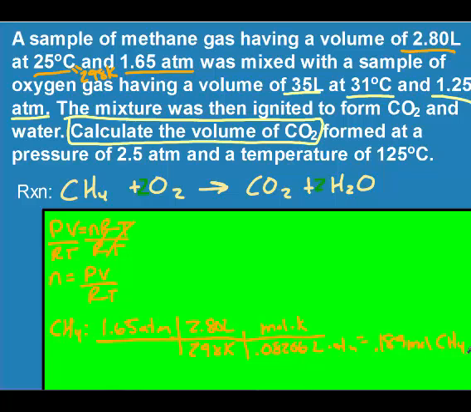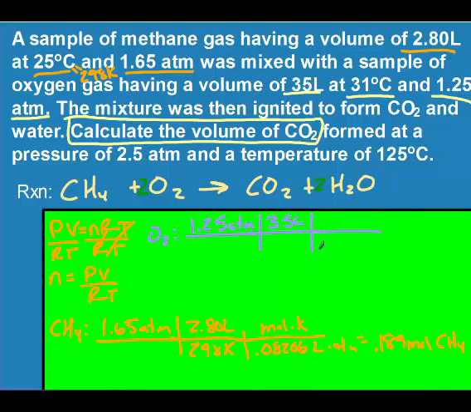Then I'm going to do the same thing with my oxygen. So my oxygen has a pressure of 1.25 atm. My volume was 35 liters.